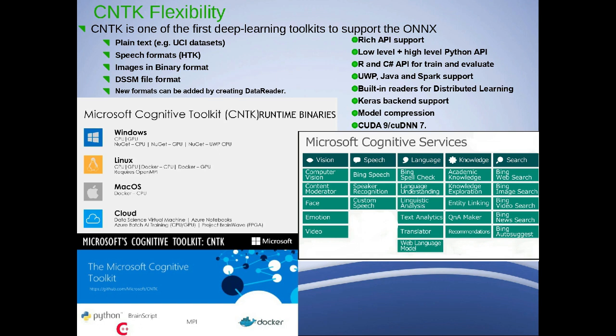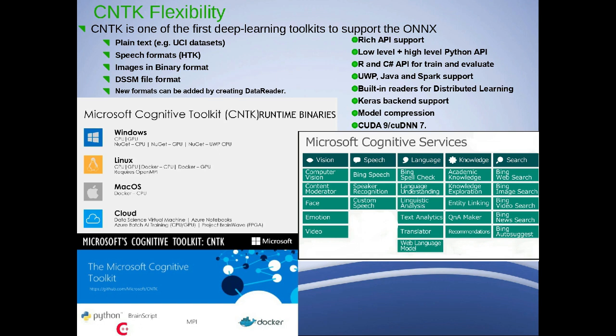CNTK provides flexibility to the developers by providing the following features, namely, 1. CNTK has rich API support, mostly implemented in C++ train and eval methods. 2. CNTK has low-level plus high-level Python API. 3. CNTK has R and C# API for train and evaluate methods. 4.